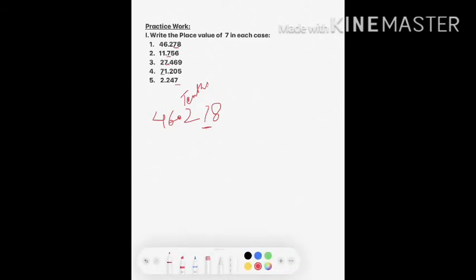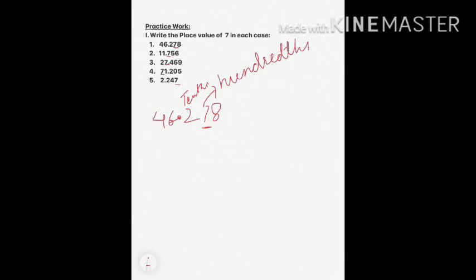So for the first, at which place is it lying? Just see, 46.278, the decimal is here. Now 7 is lying at the second place after the decimal: the first place is tenths, the second place is hundredths.